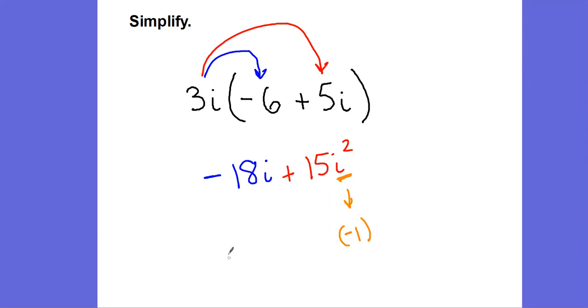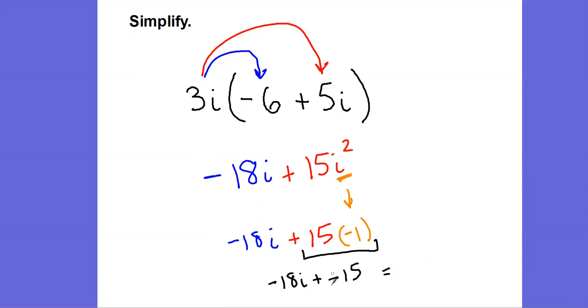From there, remember that substitution: i squared is always the same thing as -1. So we have -18i plus 15 times -1. 15 times -1 would just be -15. So we have -18i plus -15. Let's write this in standard form.